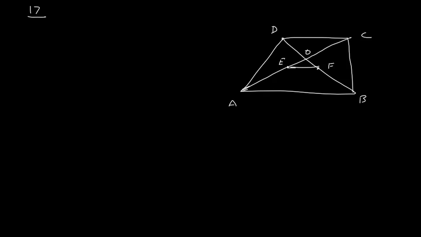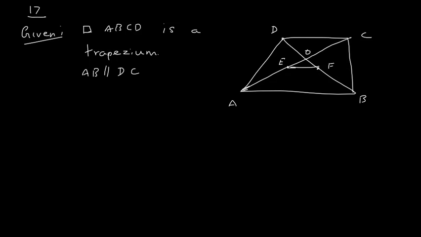So for the 17th question, you can write given. Given, you will say that ABCD is a trapezium. AB is parallel to DC. Then E and F are midpoints of AC and BD.